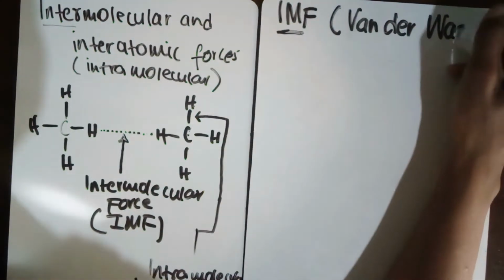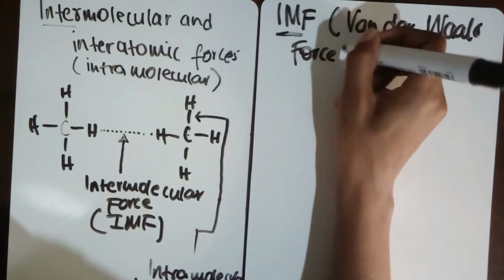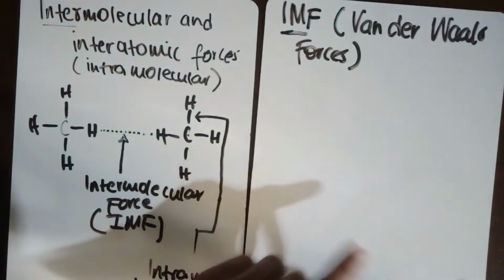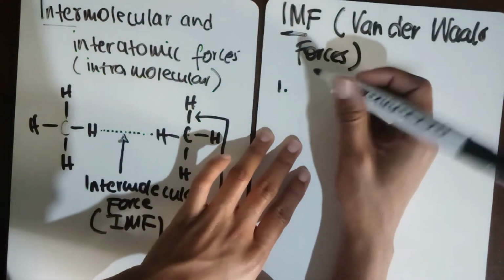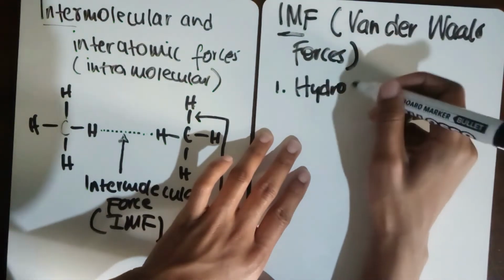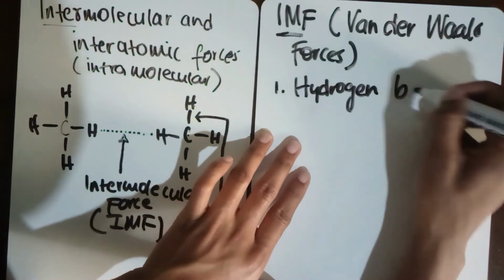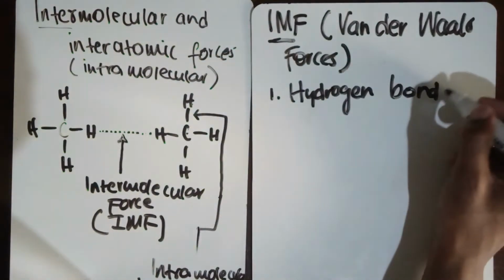Yeah, van der Waals forces, right? And there are three types that we're going to concentrate on. The first one is hydrogen bonding, which is the strongest of the intermolecular forces, or the strongest van der Waals forces.